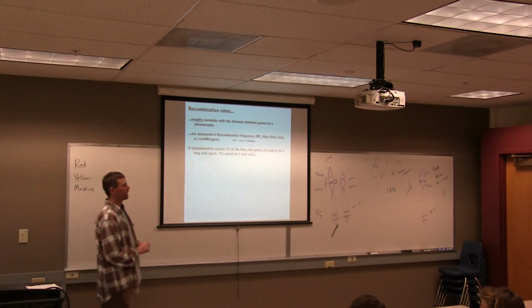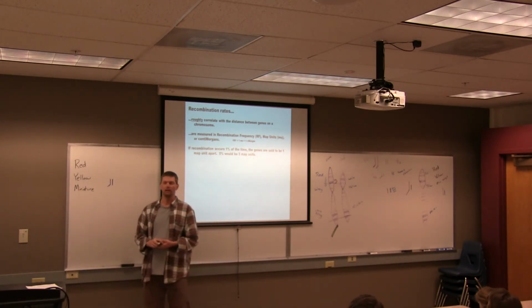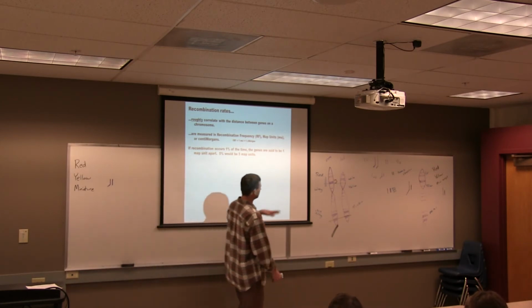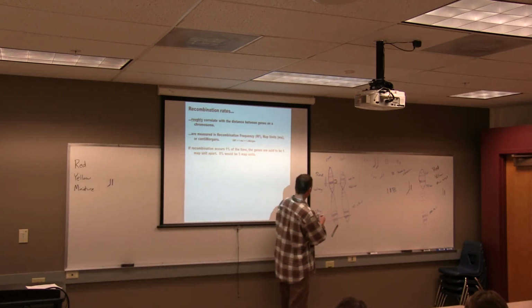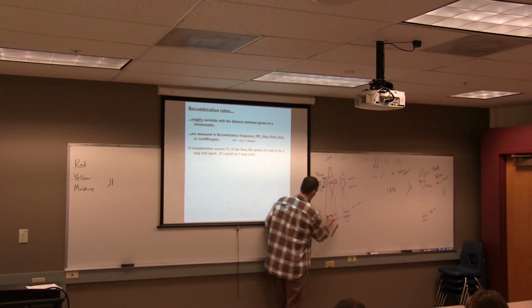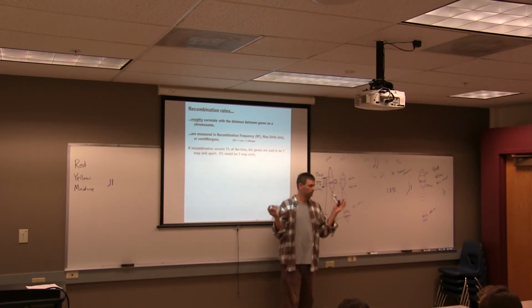So, the graduate students from Thomas Morgan's laboratory said we can actually measure how frequently recombination occurs between two genes. So if recombination happens in here in, say, 5% of the population, in here it's going to happen, I don't know, 15%?